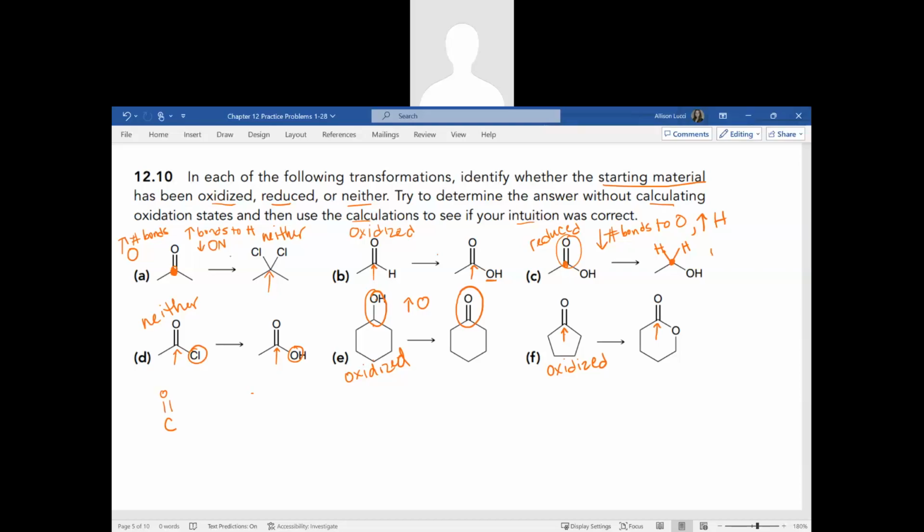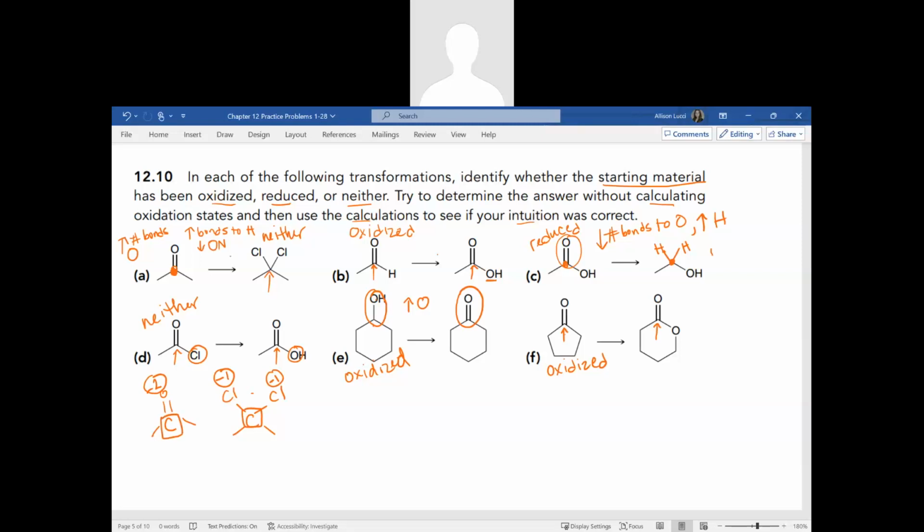And if we were to calculate our oxidation state when it's bonded to these two chloride ions, if you recall, chlorine is a halogen, and that has a -1 oxidation state in a compound, and oxygen, when in a compound, has a -2 oxidation state. So if we were to compare these two, we could see that changing from 1 oxygen bonded to our carbon to 2 chlorines bonded to our carbon will not affect our oxidation state on that central carbon atom.